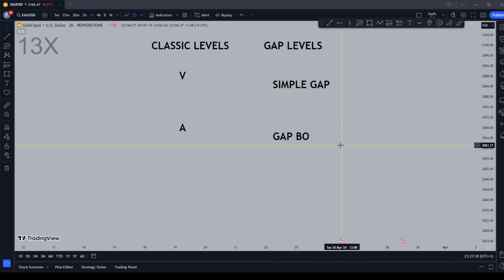For an A level, a confirmation candle should be bearish. For a bullish simple gap, the confirmation candle should be bullish. For a bearish gap, the confirmation candle should be bearish.